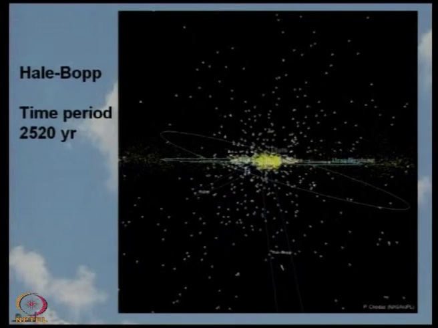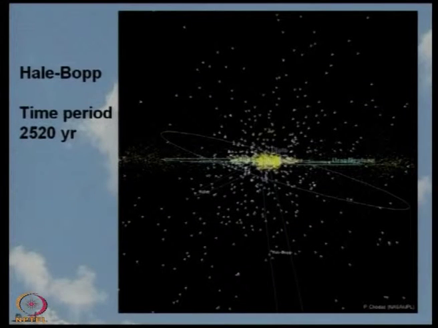This is the Hale-Bopp comet. I think everyone in this class would have seen it, at least you were old enough to see it. It was seen in 1997, and it was a very prominent comet.